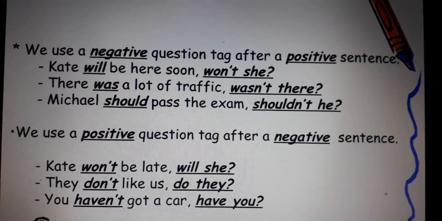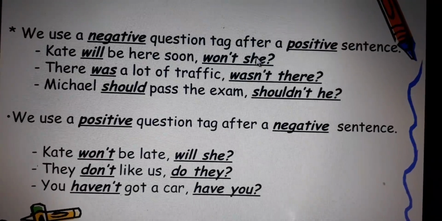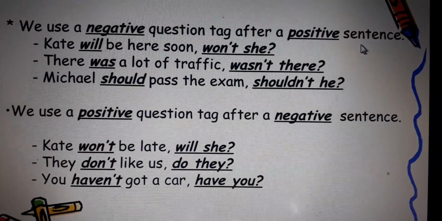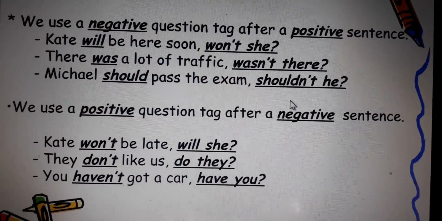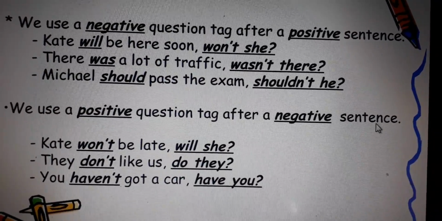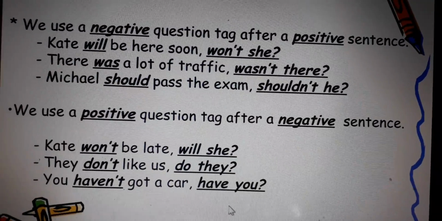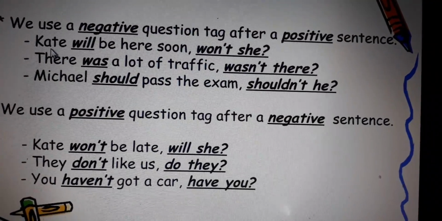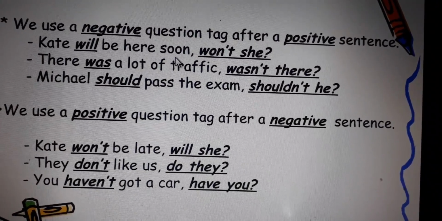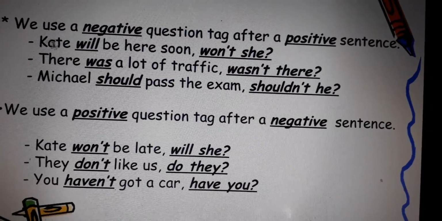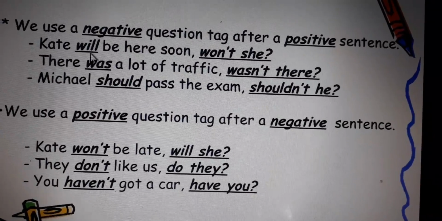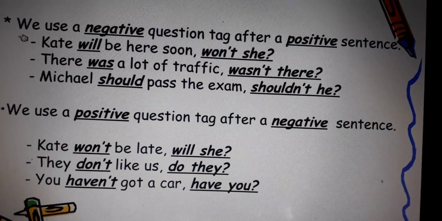Yes, as I told you, we use a negative question tag after a positive sentence. For the positive sentence, we are going to provide a negative question tag, and for the negative sentence, we provide a positive question tag. Let's see the example. Kate will be here soon. It is a positive sentence, so will is written as won't she.